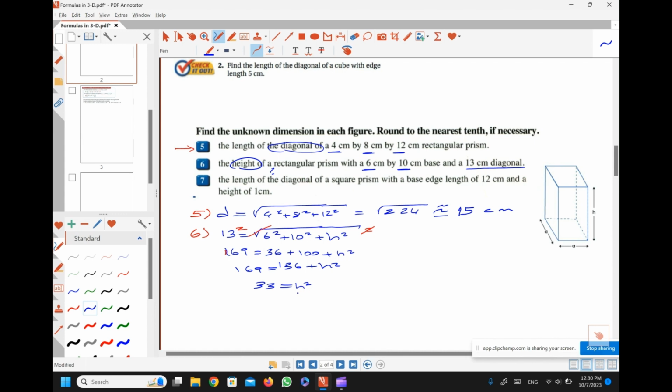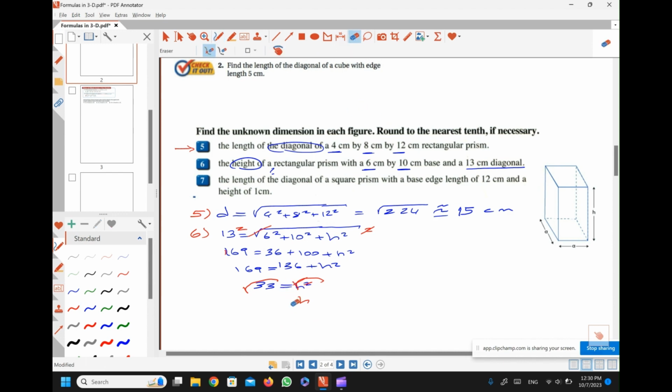What you need is h, not h squared. So get rid of the square here. How do you get rid of the square? By taking the square root of both sides. The radical will lift off. On the right, you'll have h. On the left, you'll have the square root of 33. What is the square root of 33? Use your calculator.